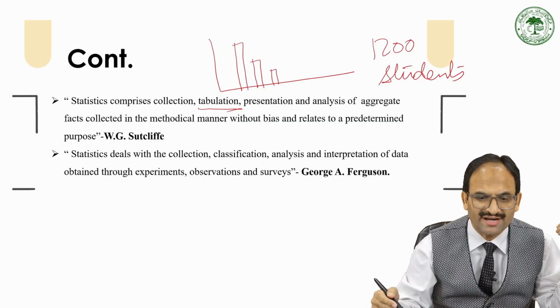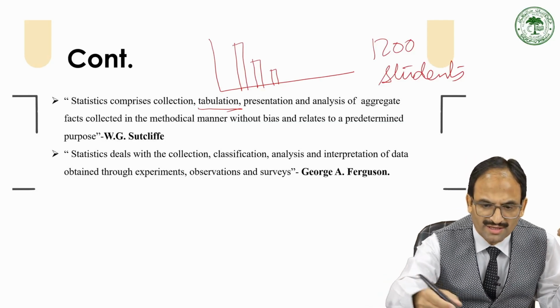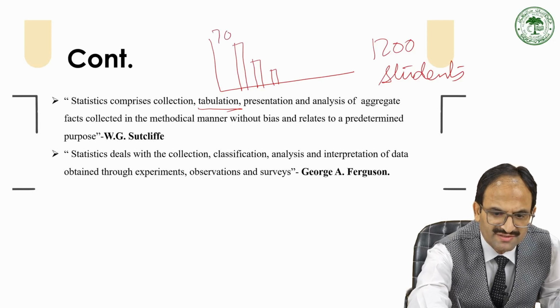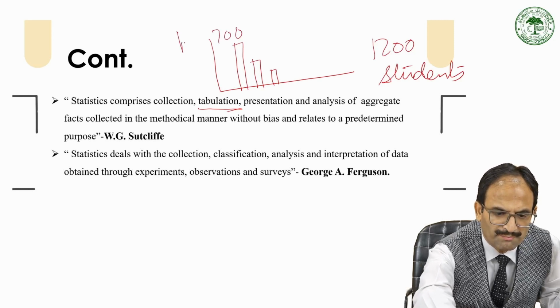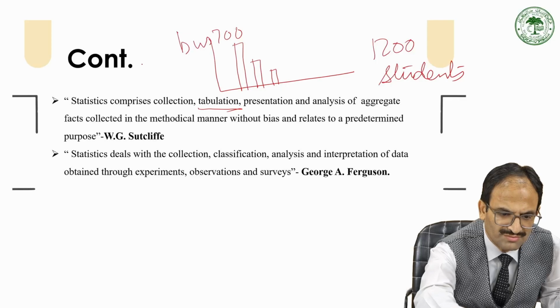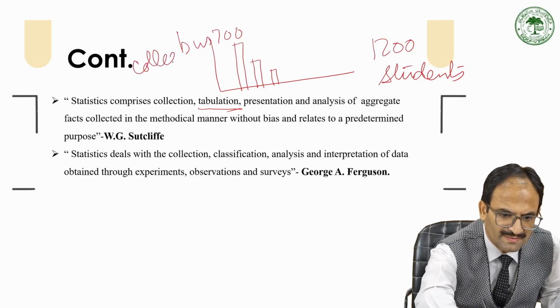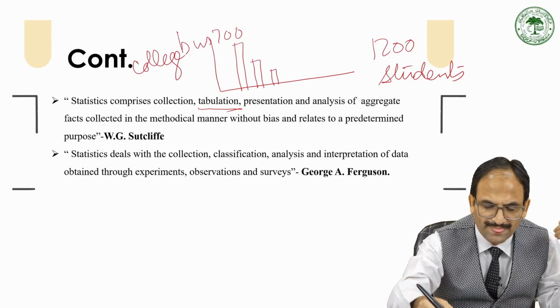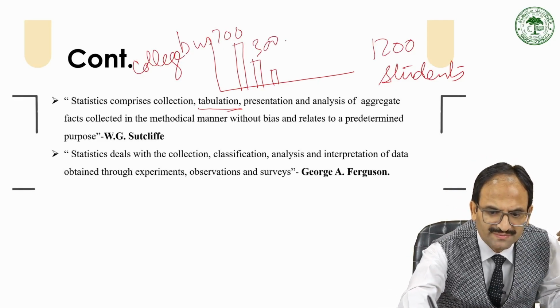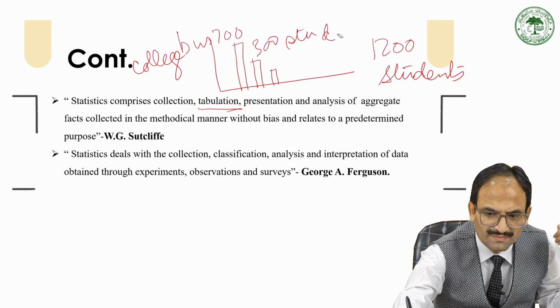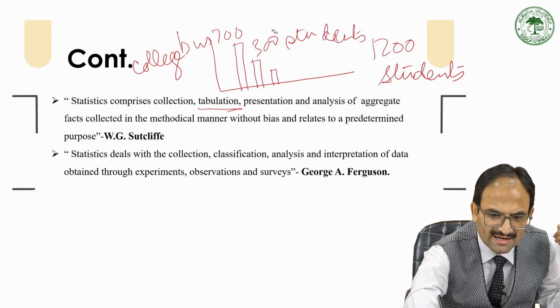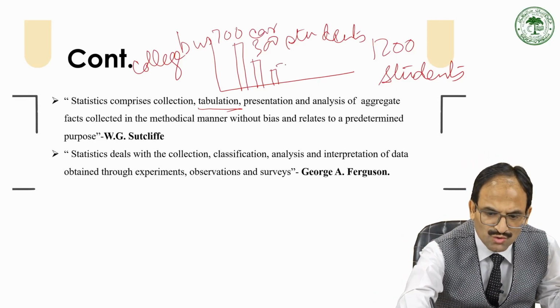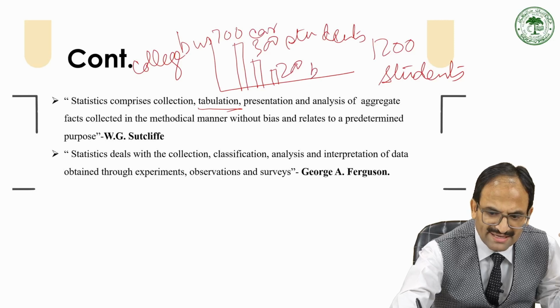Out of these 1200 students, 700 students use the college bus, whereas 300 students come by car, their own car, whereas 200 students come by bike.